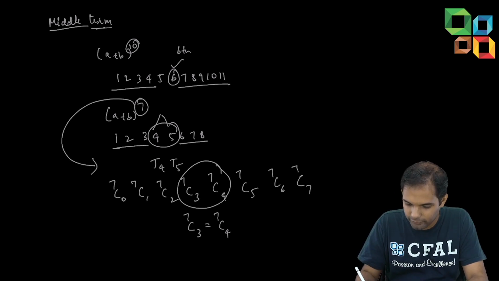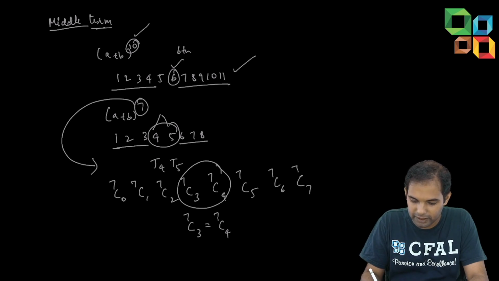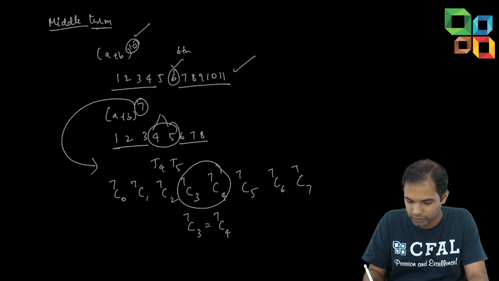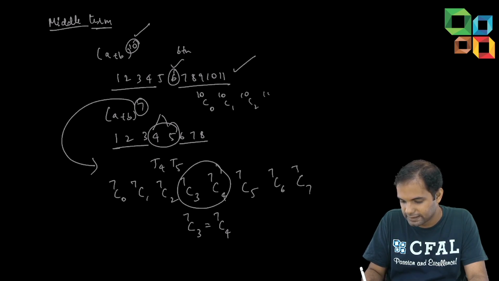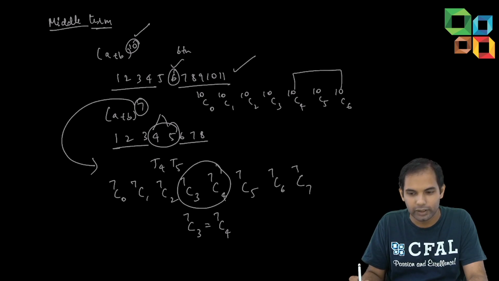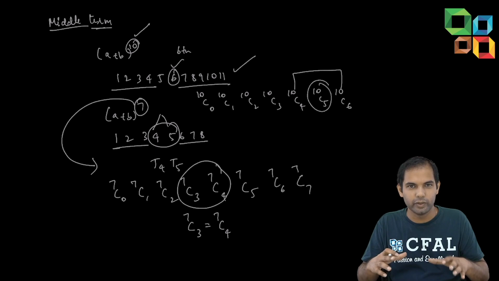So what happens if it is an odd number of terms, that is, an even power? Look at it. It will start with 10C0, 10C1, 10C2, 10C3, 10C4, 10C5, 10C6. And look at this, these two terms are same. But this is a unique term, and in between you'll have only one term.